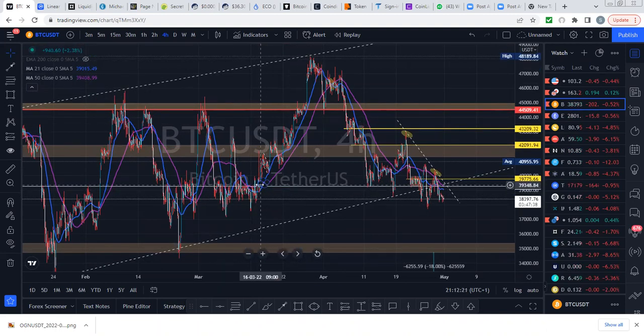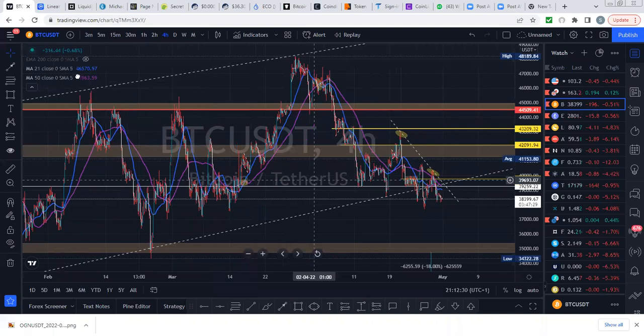If the price is above, or if the moving average is above the price, like we have, let me remove the 50 average now.